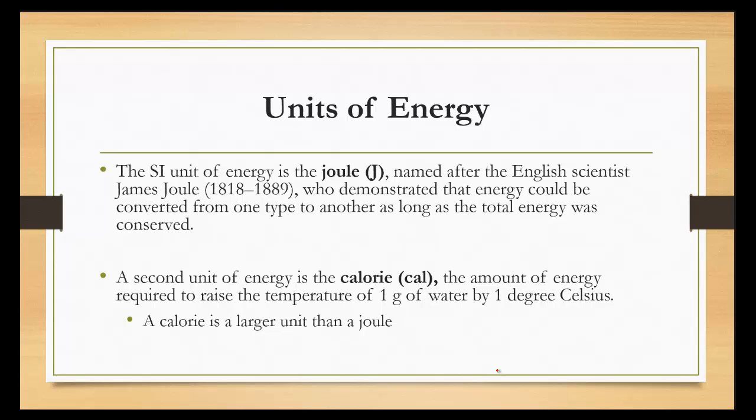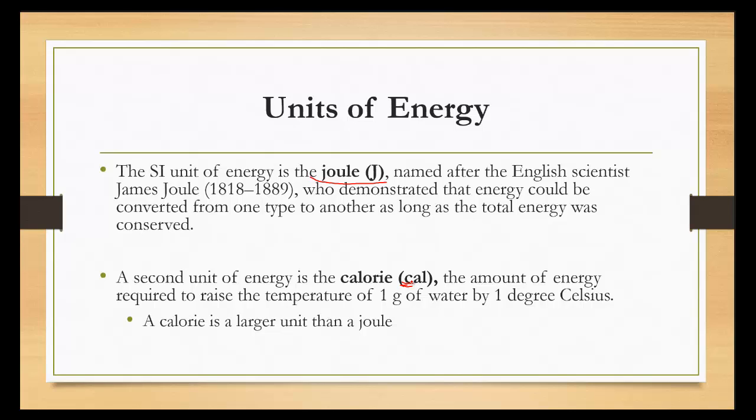The SI unit of energy is the joule, named after the English scientist James Joule, who demonstrated that energy could be converted from one type to another as long as the total energy was conserved. A second unit of energy is the calorie. Notice the lowercase c here, that becomes important.